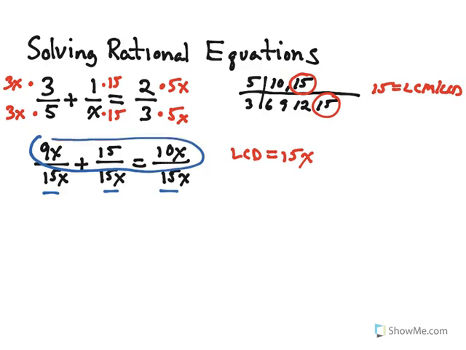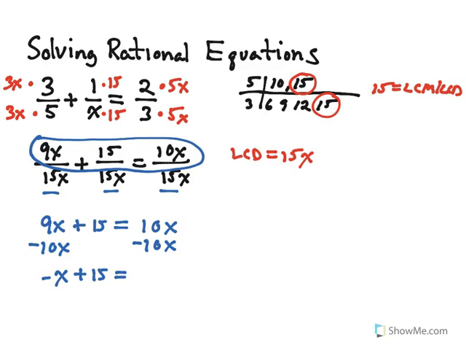This is literally your equation, okay? It's going to be 9x plus 15 equals 10x. That's the equivalent equation because the denominators are all alike, and you can solve the equation for x. So I'm going to subtract 10x. 9x minus 10x is negative x.